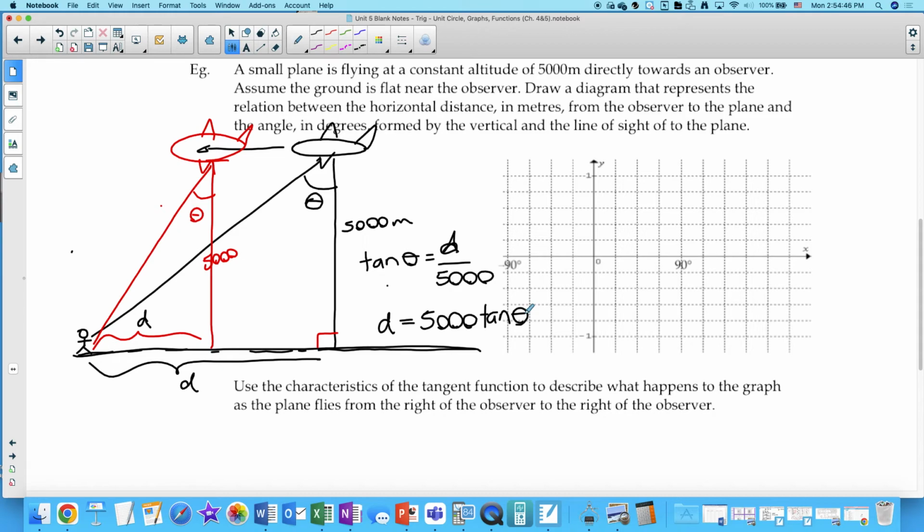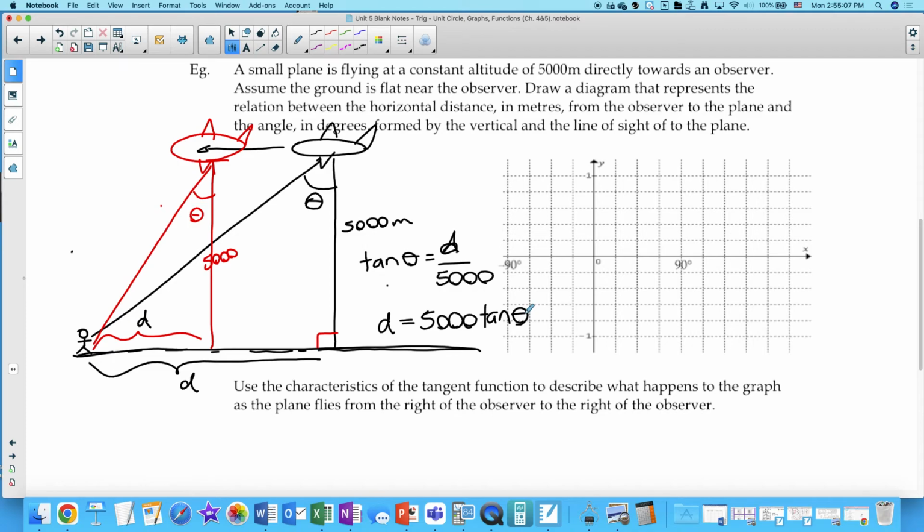Now, when you have these vertical stretches with the tangent function, all you really need to worry about are those points 1 and -1. 1's going to move to 5,000, -1's going to move to -5,000. Okay, so that's really all that I care about. Horizontally, nothing's changing. So I'm going to start to graph this.